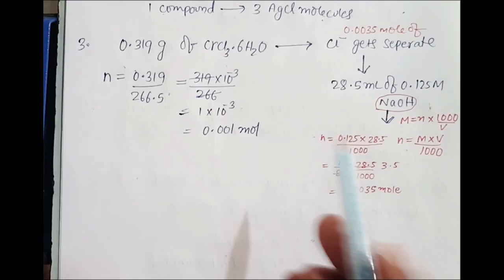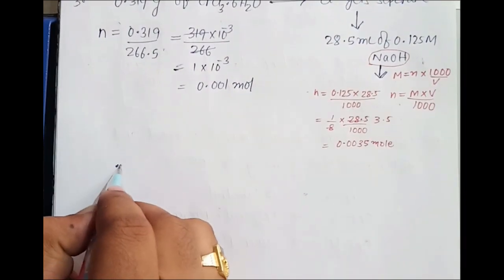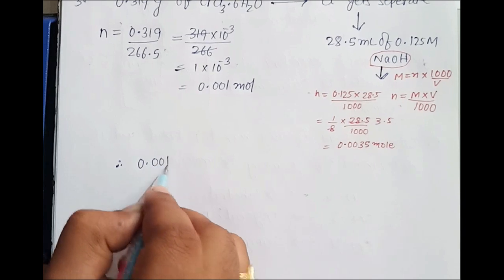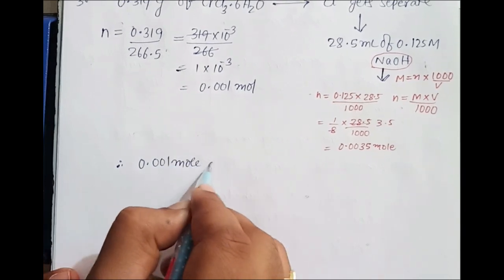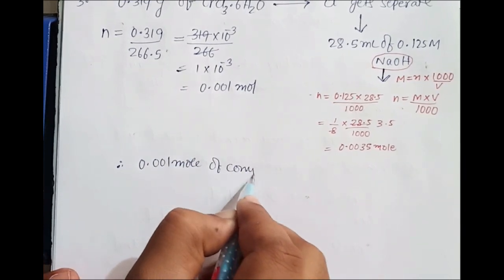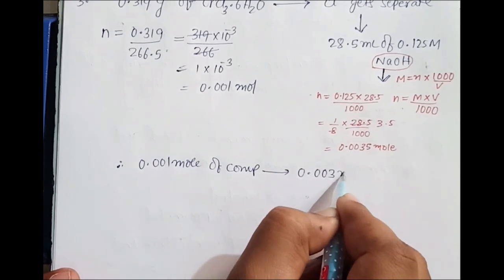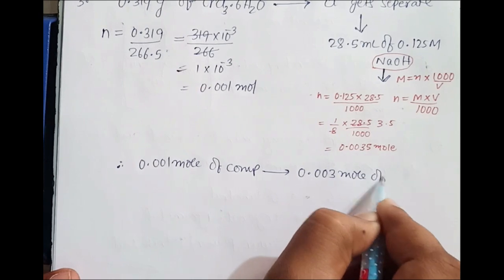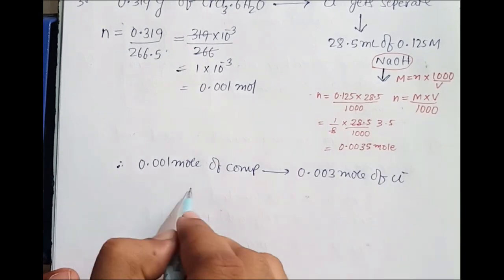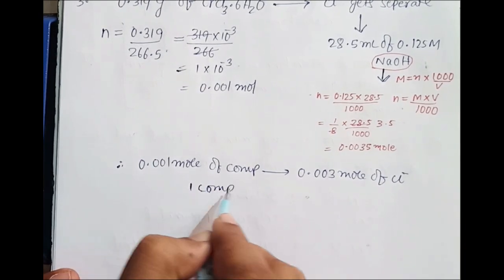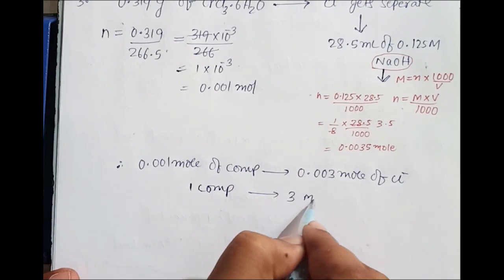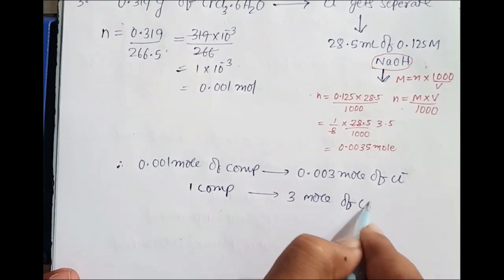So now what is understood here is that 0.001 mole of compound is giving 0.003 moles of chloride ion, which means one compound is giving 3 moles of chloride ion.